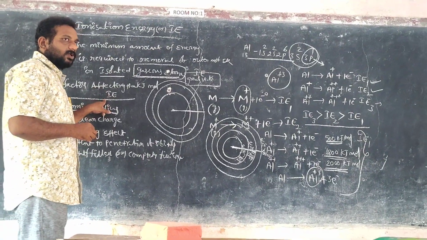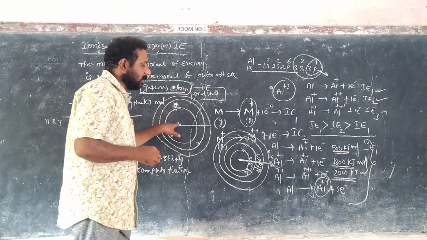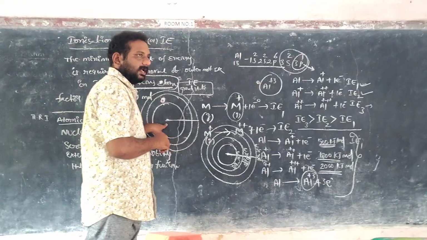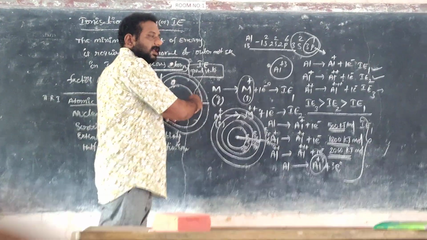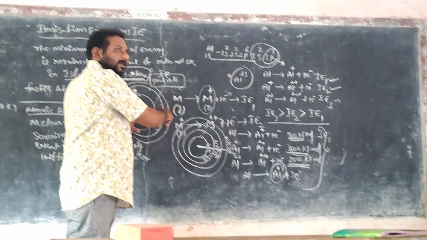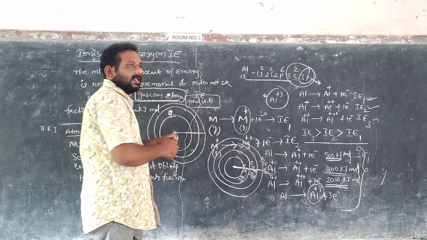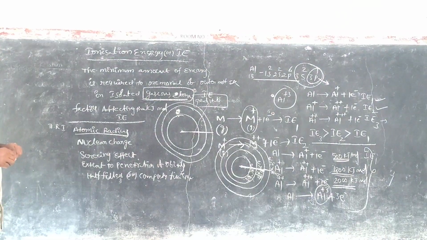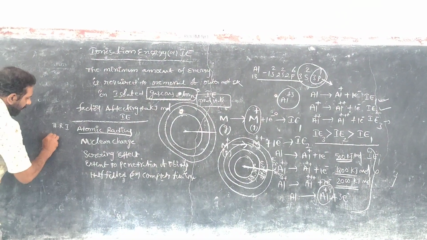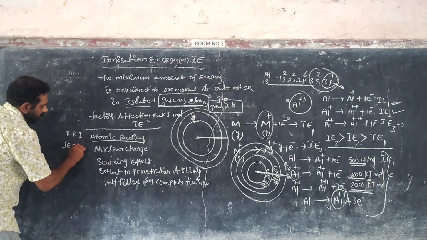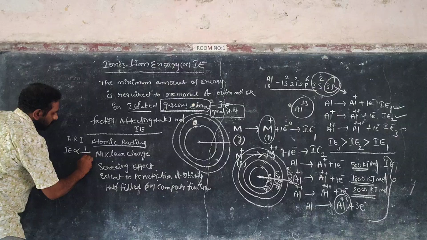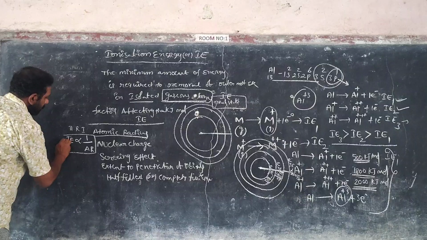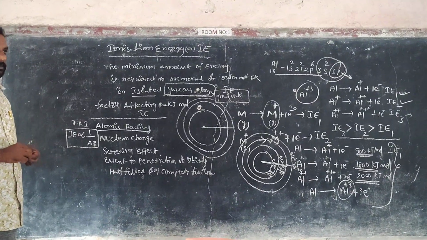Because the nuclear attraction force on the outermost orbit of an atom becomes weak. That is, ionization energy is inversely proportional to atomic radius, that is, IE is proportional to 1 by r.